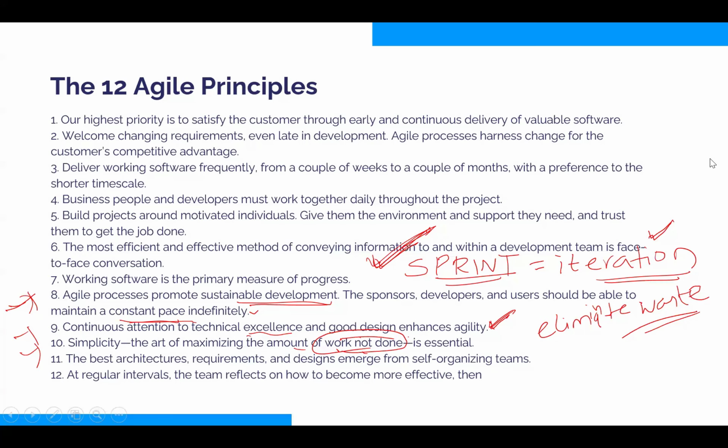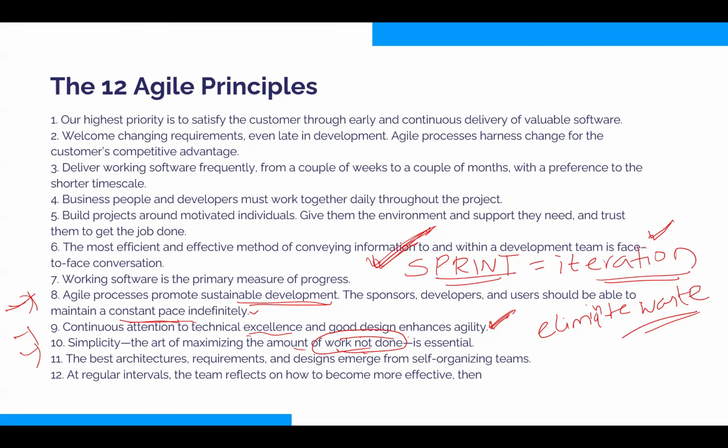Agile believes in simplifying process, fewer steps, less bureaucracy. Any elaborate process is seen as waste. Hence there is an emphasis that in Agile you eliminate a lot of steps and bureaucratic processes. That is one part.